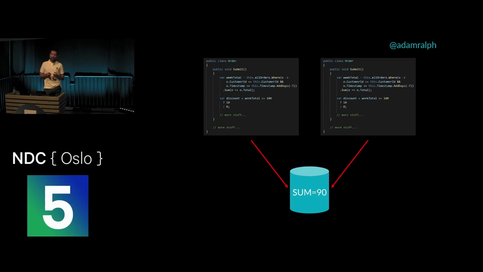So what that means is the transaction isolation level will allow both of these threads to read this 90, right? If they try and write to the same row afterwards, then it will not allow one of the transactions to commit, but it'll allow them to read this figure of 90. So that's not really going to fix it out of the box either.